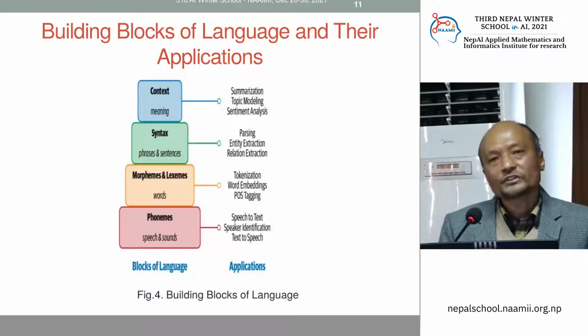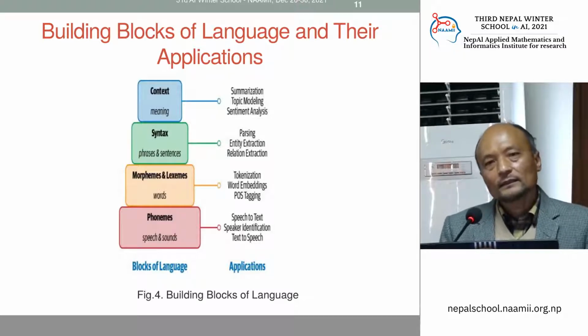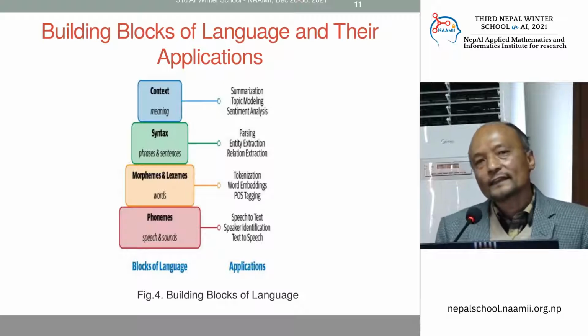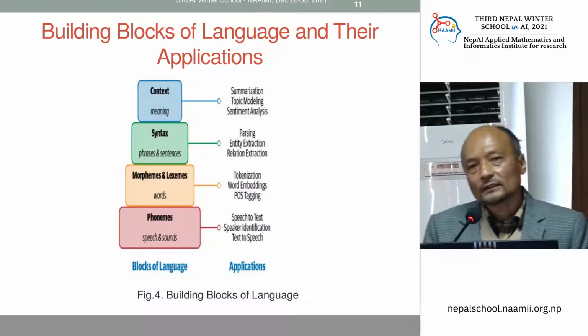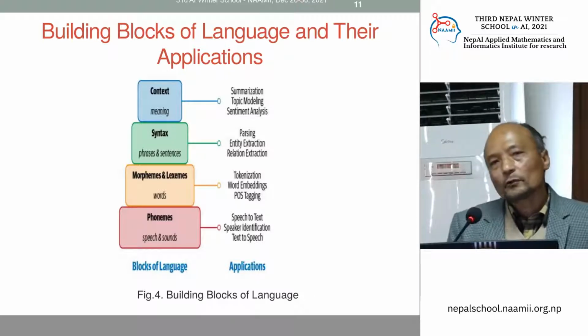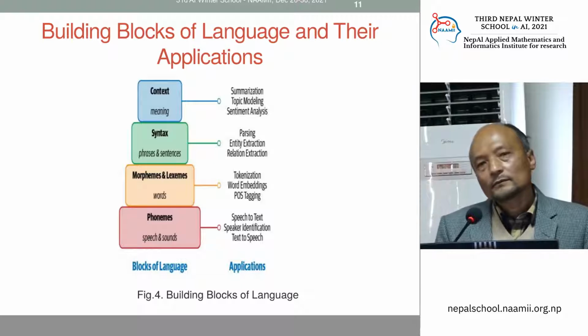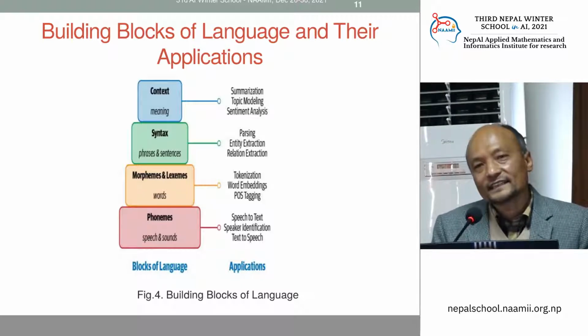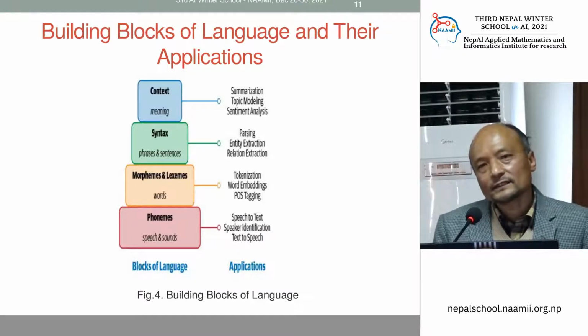But for a machine, it's difficult. So we need to seek ways to provide some intelligence to machines to resolve these ambiguities.